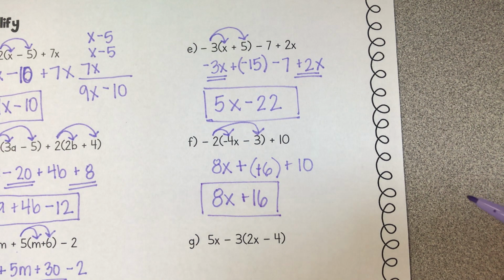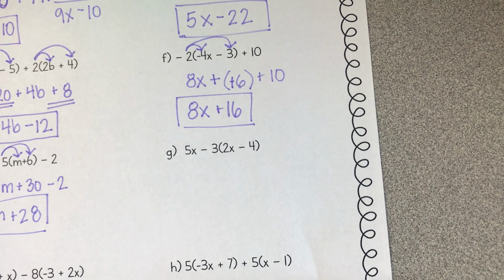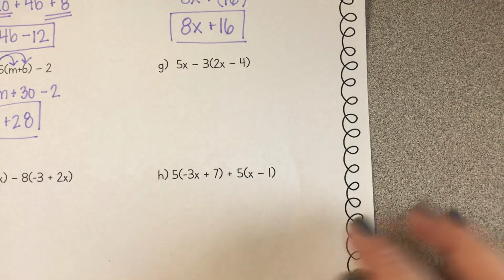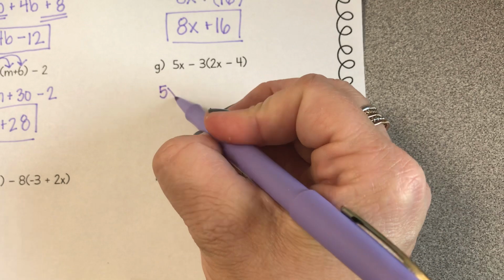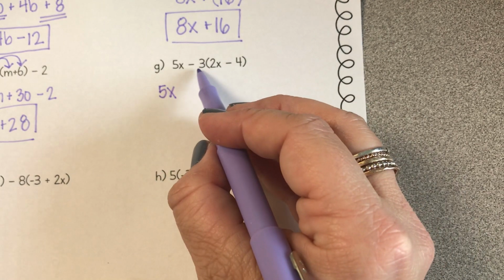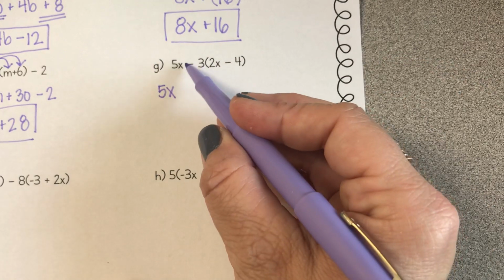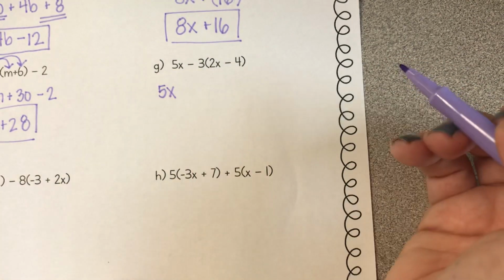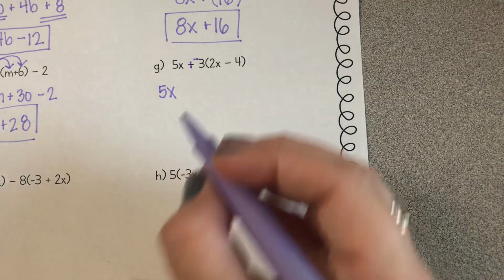The trickiest kind of scenario is letter G. It's tricky because you have to think of it like we have 5 x's and then we're taking away 3 of these. So the easiest way when you have this subtraction sign before a set of parentheses is to keep, change, change.